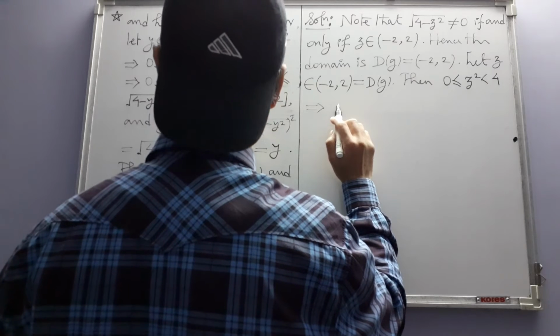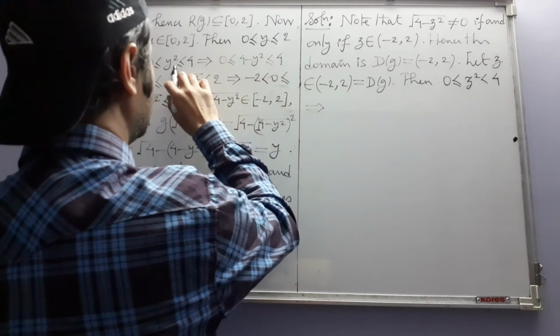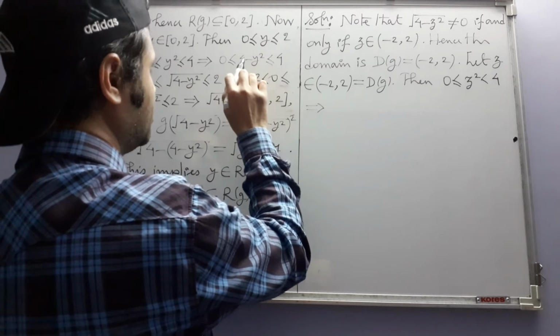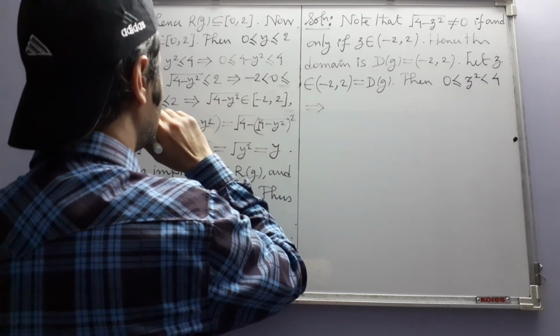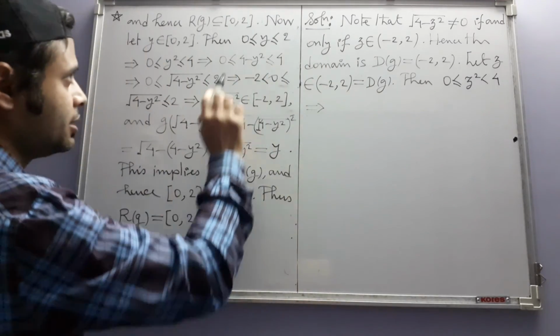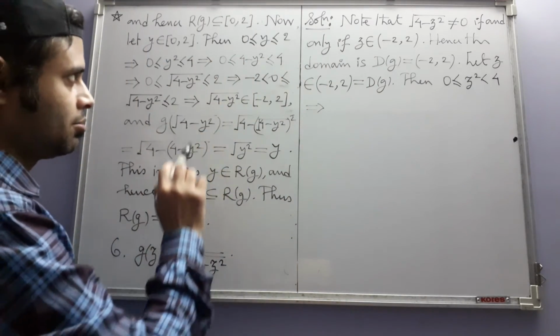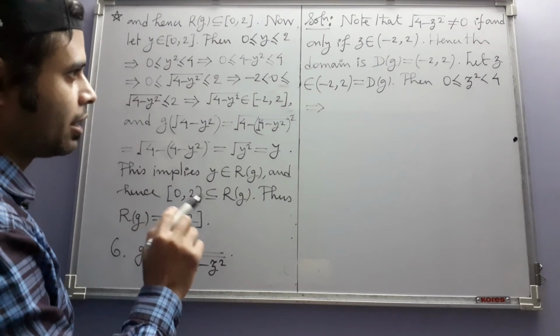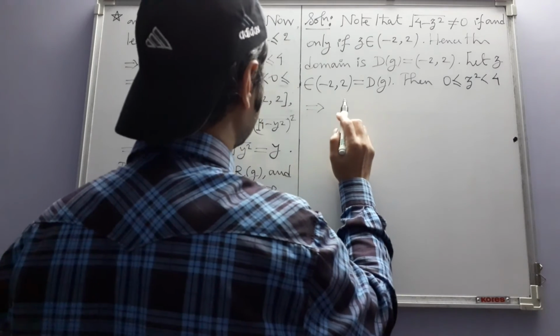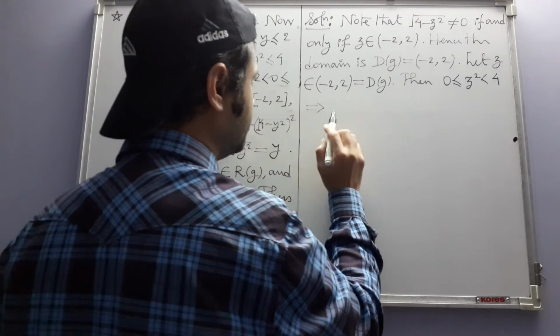Then just like here, so essentially we are repeating what we have here. The only thing is that now our starting point is not like this, but z now lies between minus 2 and 2, that too strictly.